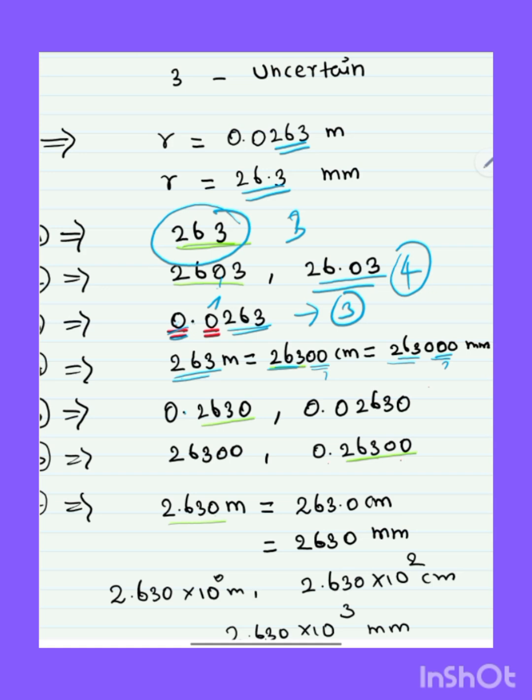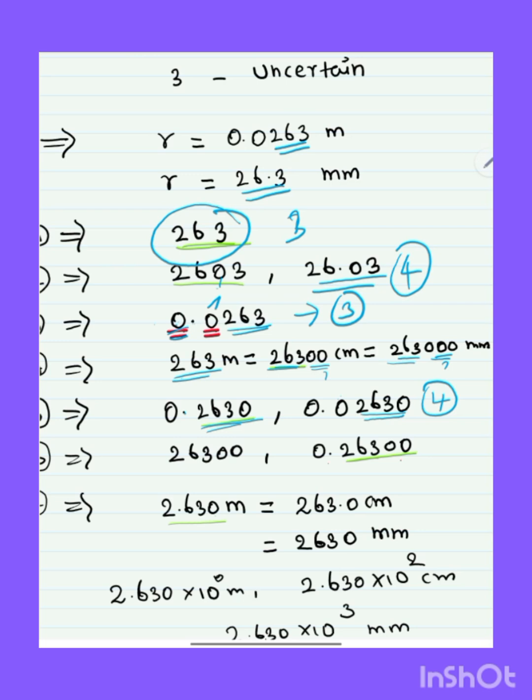Here you can see it has 4 significant digits, and this also has 4 significant digits. This 0 is insignificant, as I told you, since all the preceding zeros before the non-zero number and decimal point are insignificant, hence both have the same 4 significant digits.